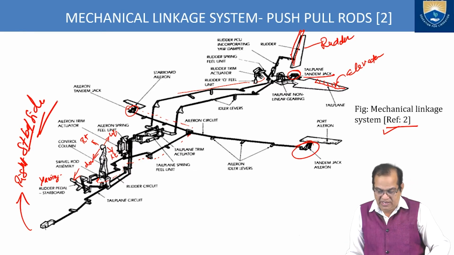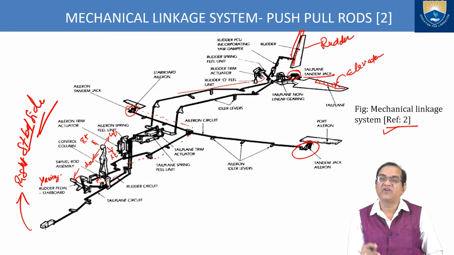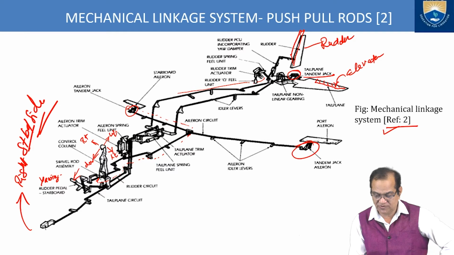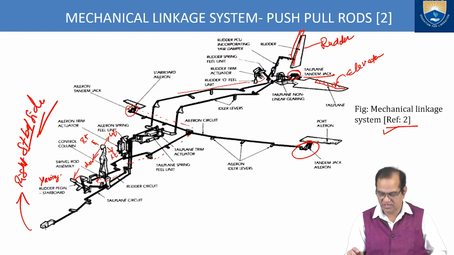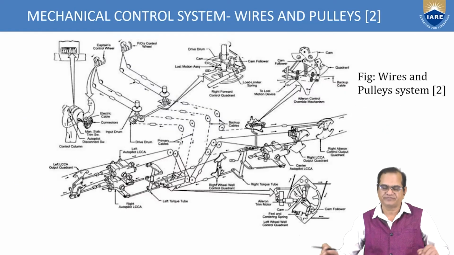Here you can see the rudder feel units. Feel units are also there, which I have already described in my previous classes. So rudder trim actuators, rudder feel, rudder spring feel system, rudder PCU incorporated yaw dampers are also here. All these things have to be incorporated for these mechanical control systems.